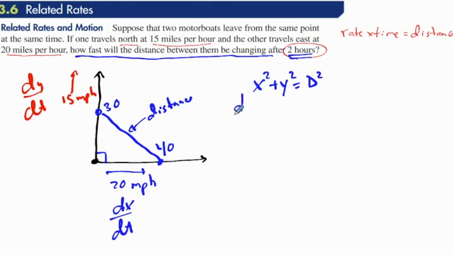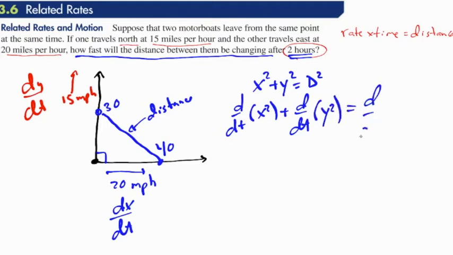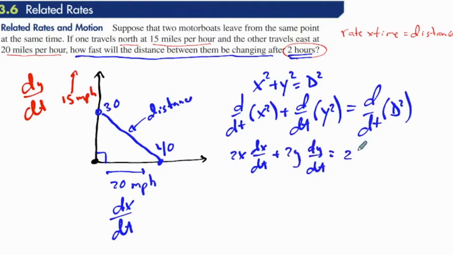And if we take these derivatives with respect to t, we get 2x dx/dt plus 2y dy/dt equals 2 times capital D dD/dt. And we can start to plug into these.